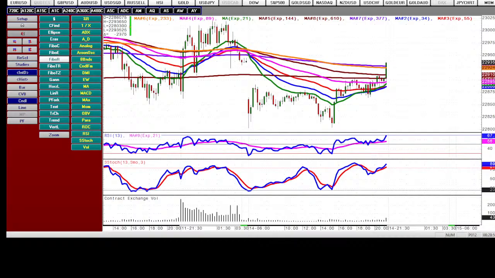Then for the Dow, we would be seeing also a similar stage, moving higher.